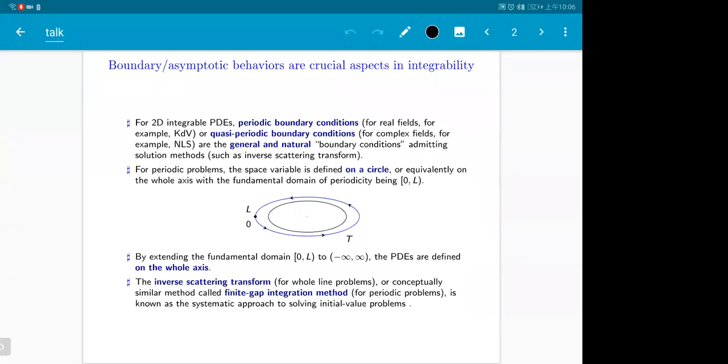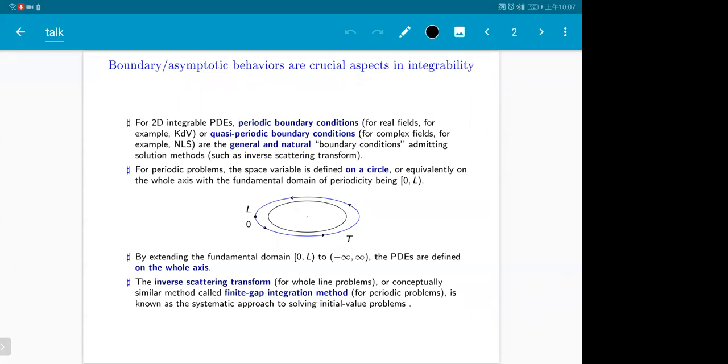When we are dealing with integrable models, the boundary or asymptotic behaviors are actually crucial in defining the integrability. For example, for two-dimensional integrable PDEs, we have periodic boundary conditions or quasi-periodic boundary conditions.